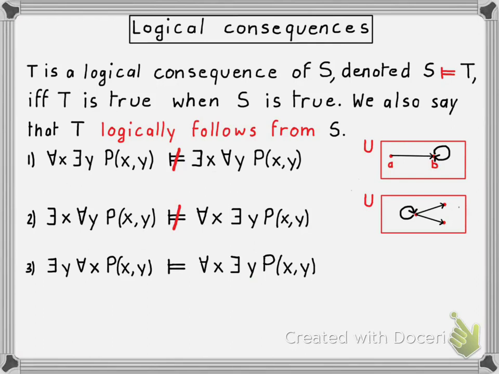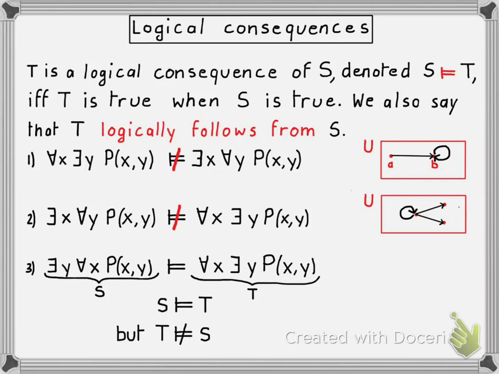So let me call these two propositions S and T respectively. So we just proved that T is a logical consequence of S. Now I want you to pause the video and figure out whether S is also a logical consequence of T. You got it? Okay, the answer is no. S does not logically follow from T. A simple counterexample will prove that. Let's say a universe with 3 elements, where every element has at least one arrow going out of it, thereby making T true.